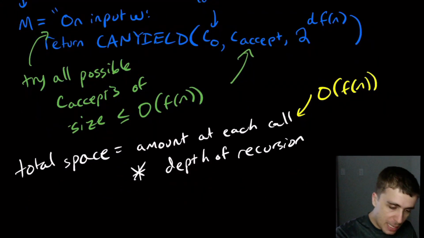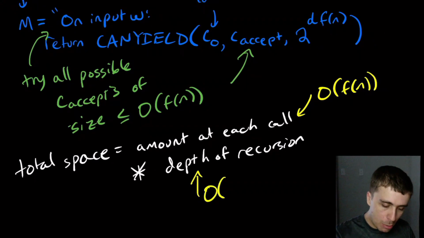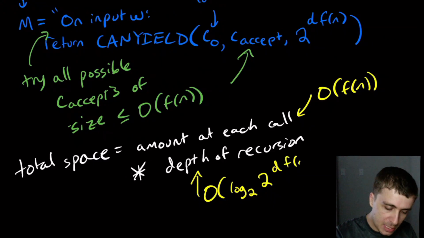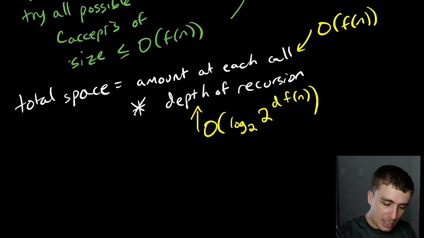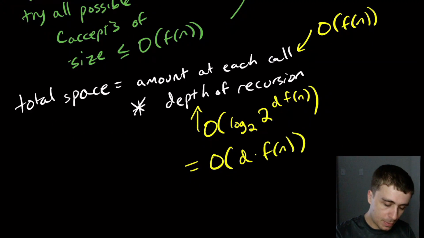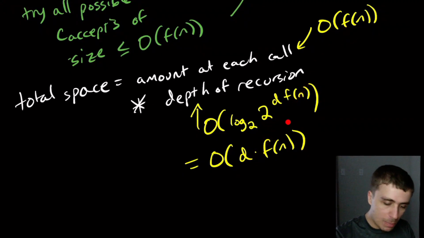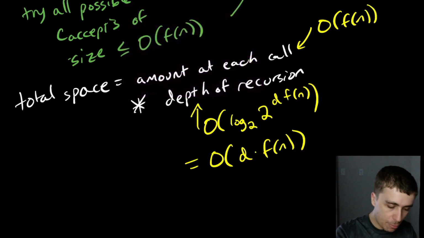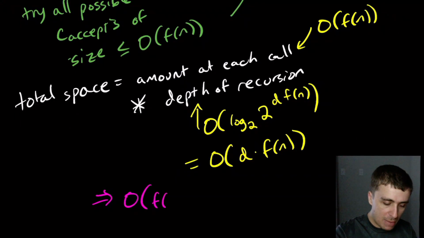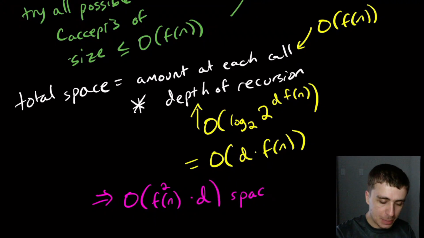So it's going to be big O of log base 2 of that 2 to the thing, so 2 to the d times, oops, I wrote it wrong, d f of n. And if you simplify that, that's going to be d times f of n. And since now we need to multiply these together, we're going to get big O of f of n squared times d space.